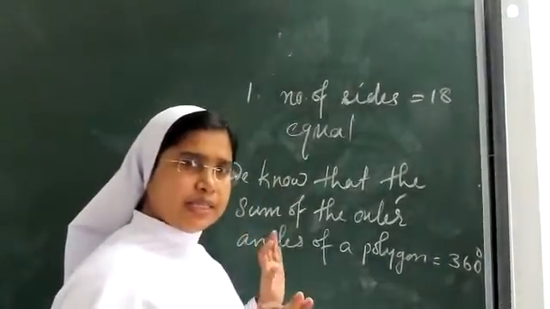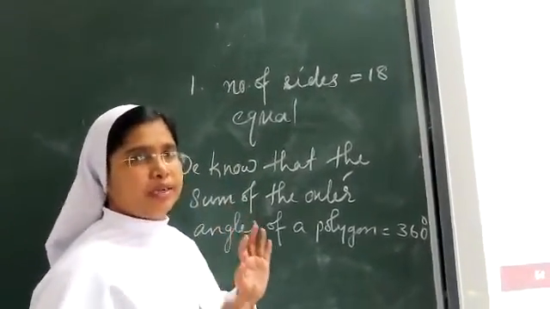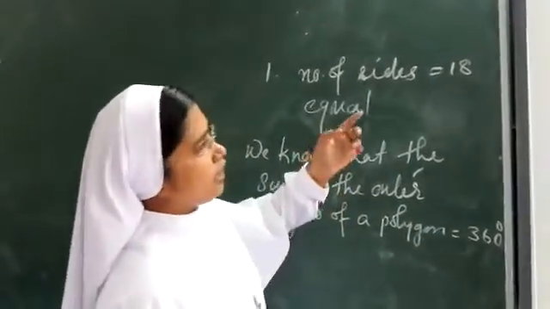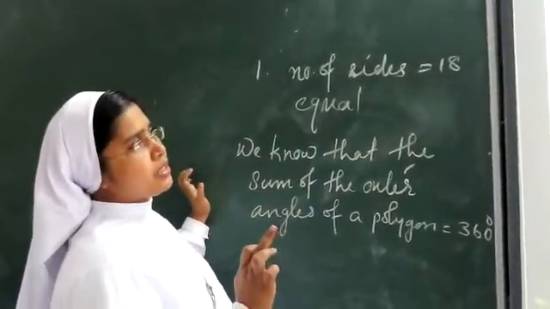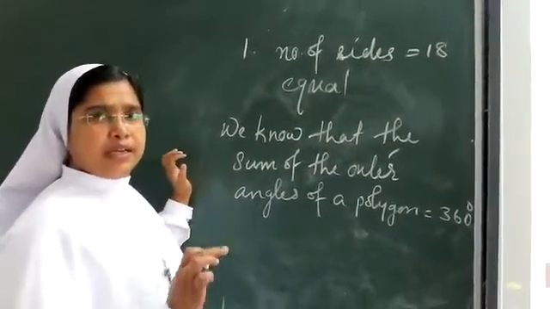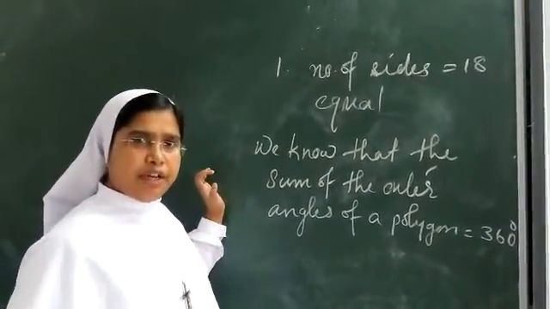It is always the same. Now we know what we have to find out: how much is each outer angle? Each of the outer angles we have to find out.